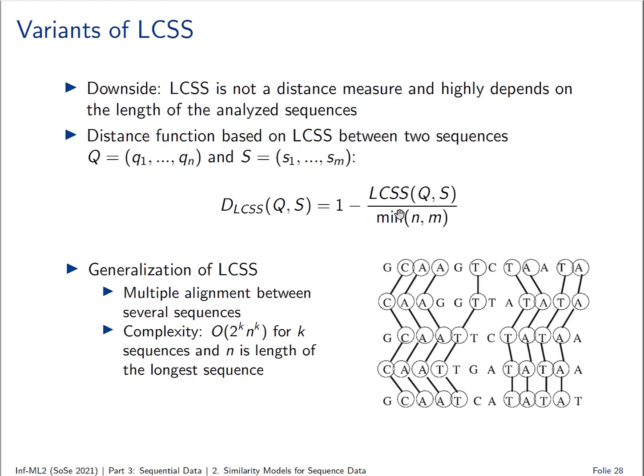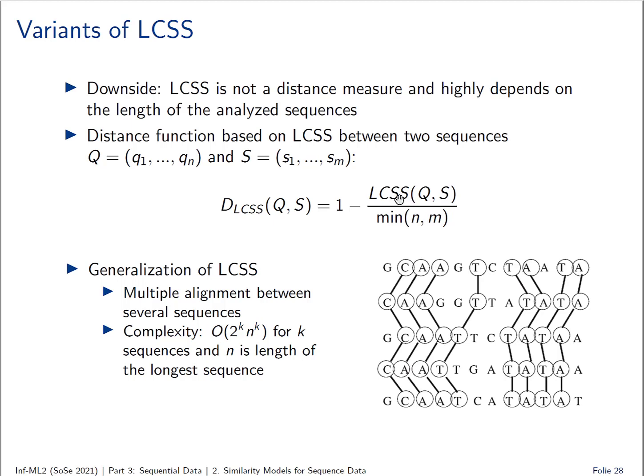So in order to reverse it, we take 1 minus this one here, because we know this fraction is, of course, between 0 and 1. So this is the normalization to the interval between 0 and 1, and then we take 1 minus this one here, which gives us a distance function, a distance measure.